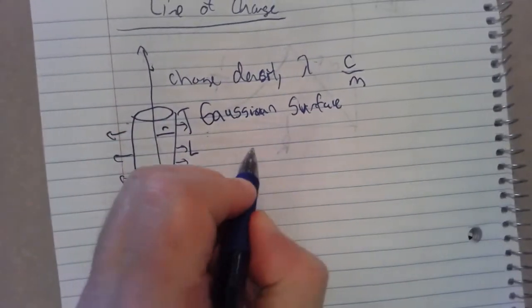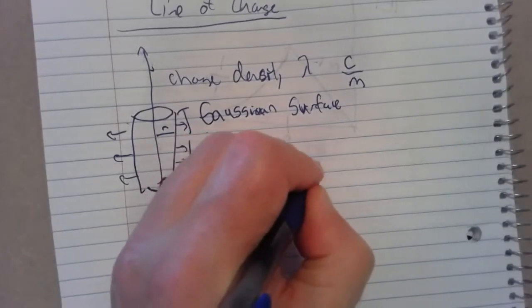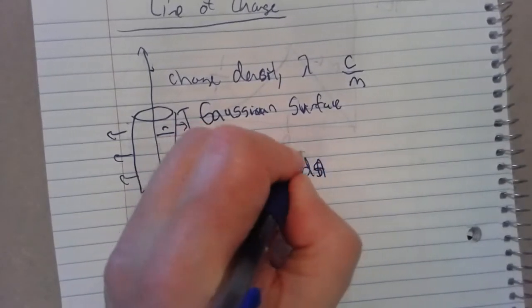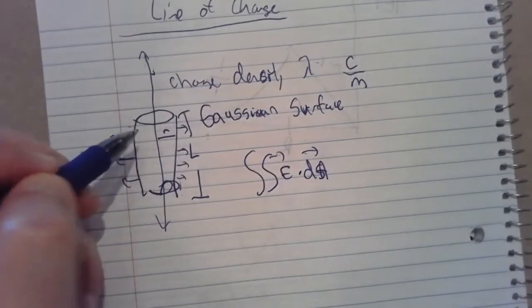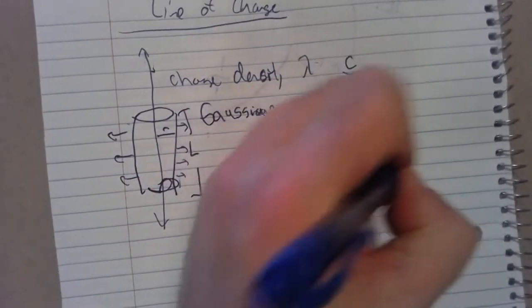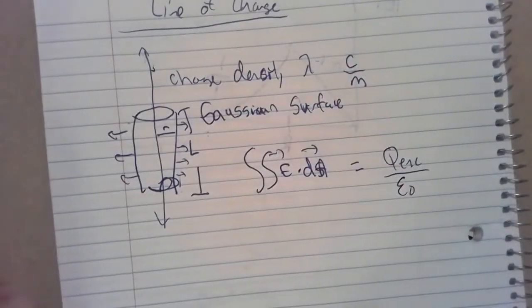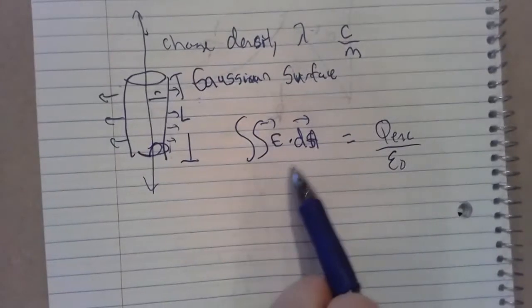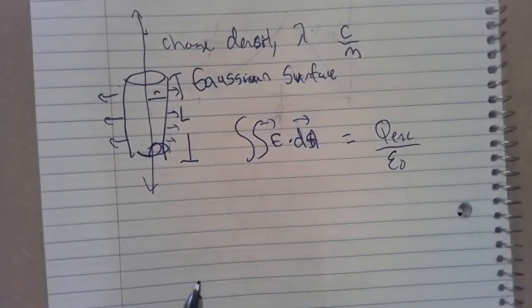Then from this Gaussian surface, the double integral of E dot dS, the flux (dS and dA mean the same thing), through this surface must be the charge enclosed over epsilon naught. Remember, we used the divergence theorem to show that this is equal to the total flux.